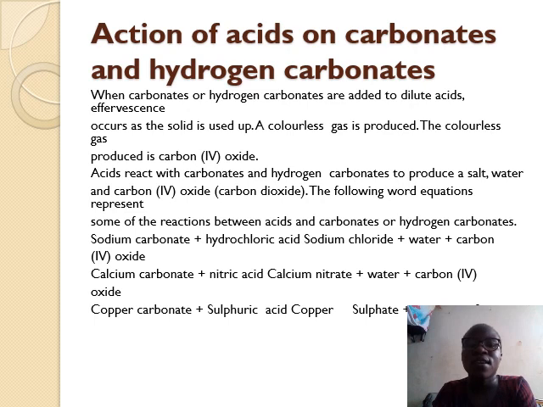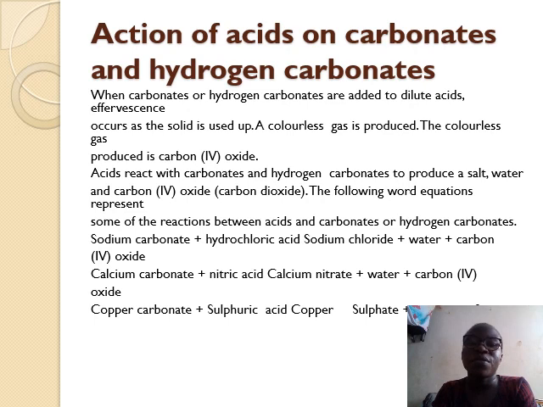Effervescence occurs as the solid is used up. A colorless gas is produced, and the colorless gas produced is carbon dioxide. Acids react with carbonates and hydrogen carbonates to produce a salt, water, and carbon dioxide.